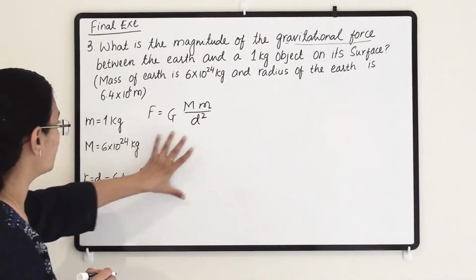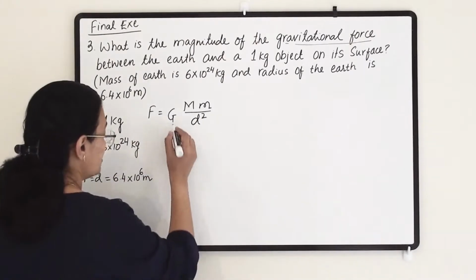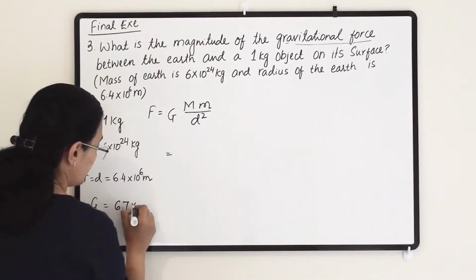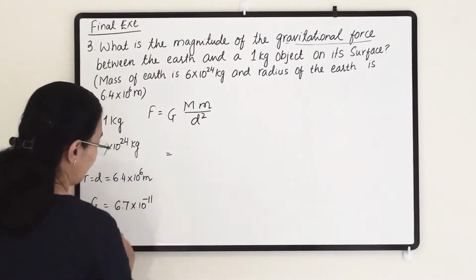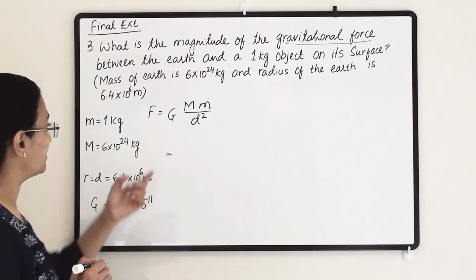Now let us put all the values in, and the gravitational constant G. We are taking G as 6.7 into 10 raised to minus 11. This will be the value of G, and we have to remember that.